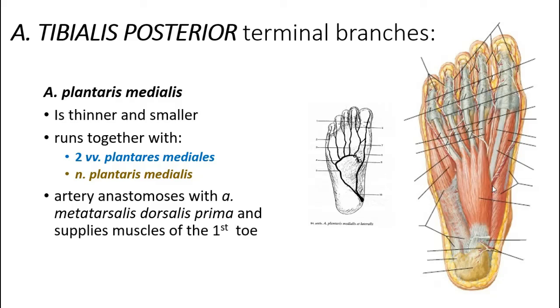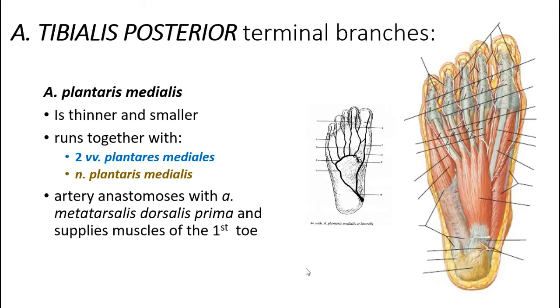This artery together with the nerve and the veins goes next to the musculus abductor hallucis and the musculus flexor digitorum brevis, and then more medially along the medial surface of the foot toward the distal phalanx of our first toe, supplies the nearest region and also the muscles of the first toe, and also makes anastomoses with the arteria metatarsalis dorsalis prima.